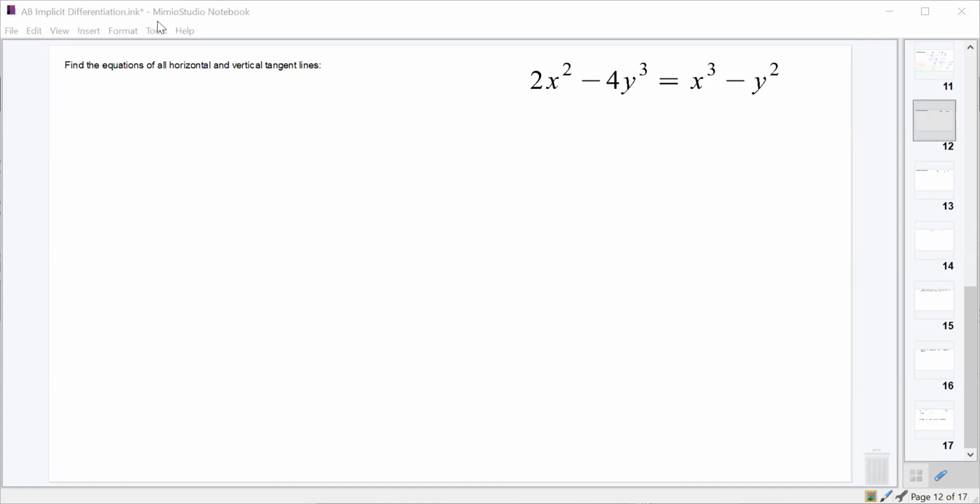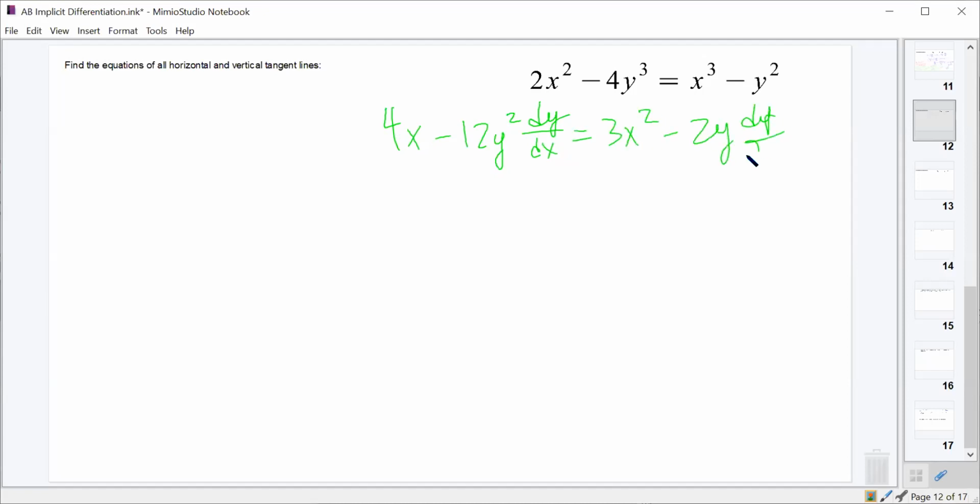Okay, so let's start here. Hopefully you got 4x minus 12y squared dy dx to start on the left, and 3x squared minus 2y dy dx on the right. Everybody good with that first step? Okay, cool.